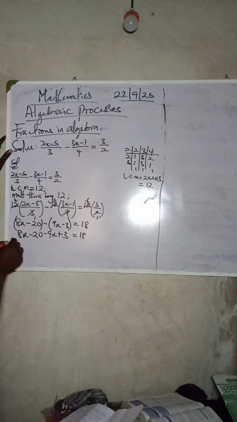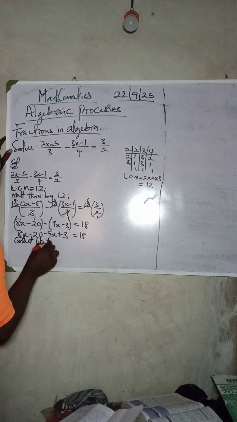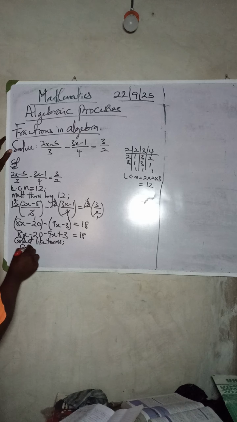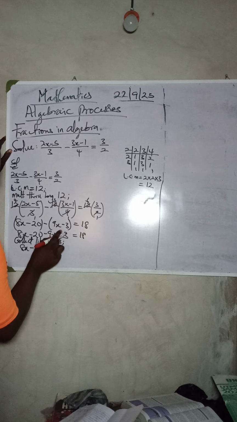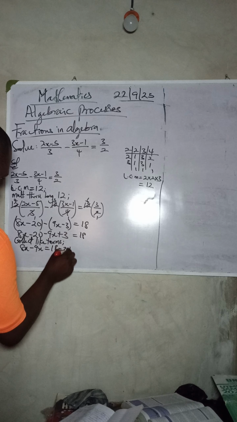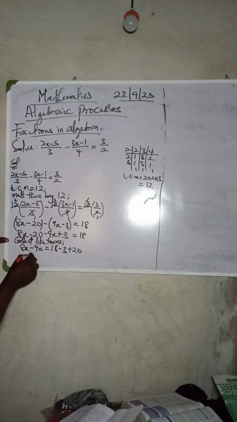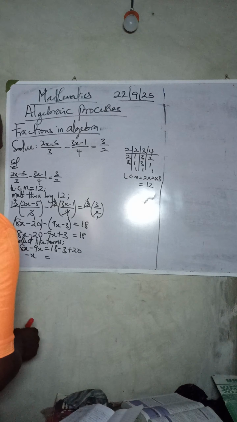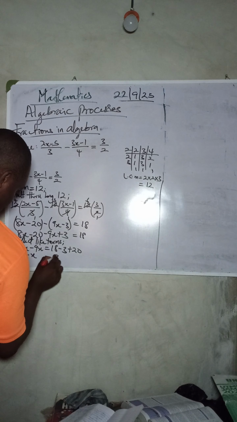Collect like terms. Now when I collect like terms, I have 8x minus 9x is equal to 18. When this plus 3 crosses here, it turns to minus. When this minus 20 crosses here, it turns to plus 20. So I have this and this. You give me minus x is equal to. Then 18 minus 3 is 15, and 15 plus 20 is 35.